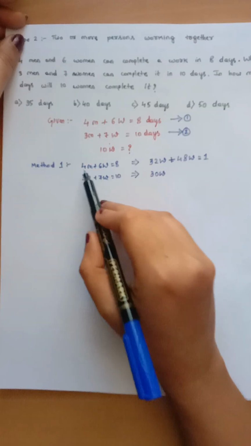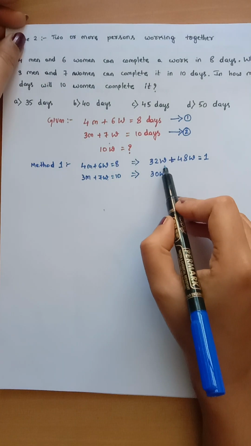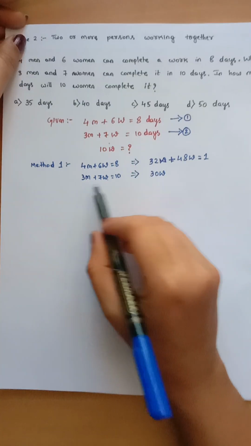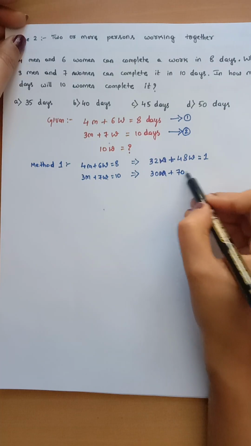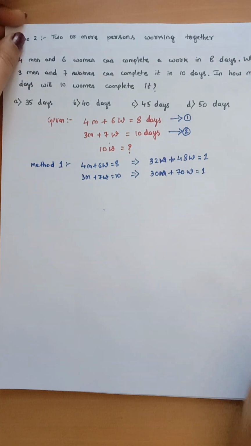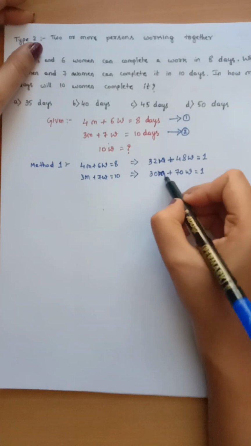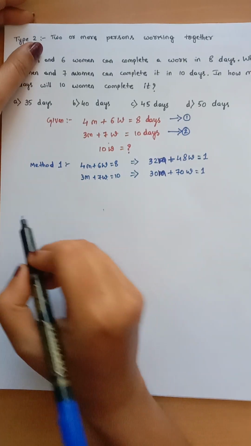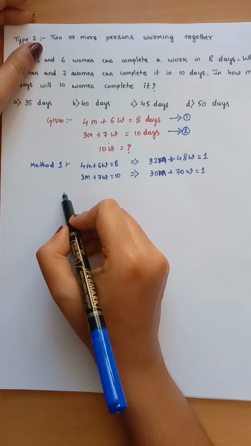I'm multiplying 4m with 8, 6w with 8, that is 32 men and 48 women. 30 men plus 70 women is equal to 1. Let's remove all the manpower and find the woman power here. That's how to do it, by subtracting.